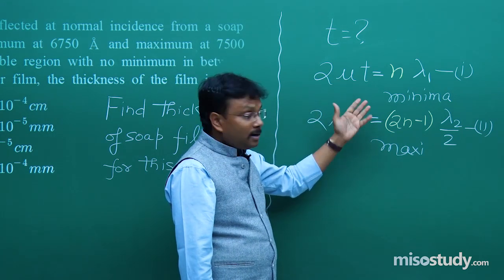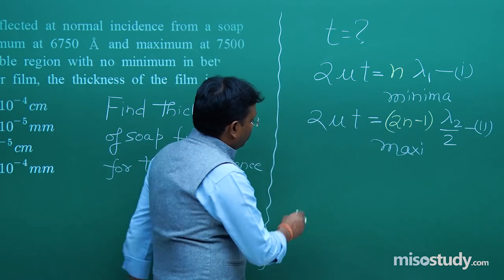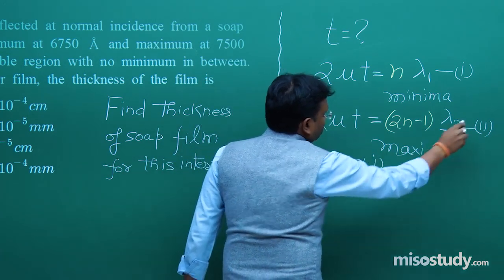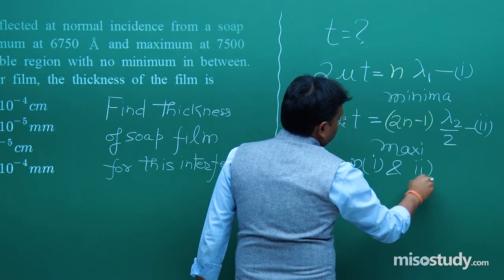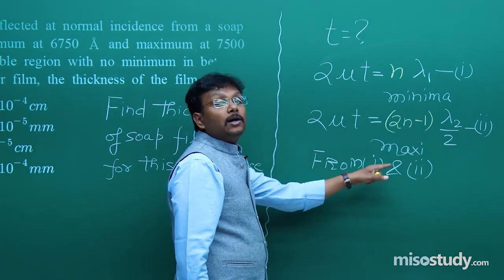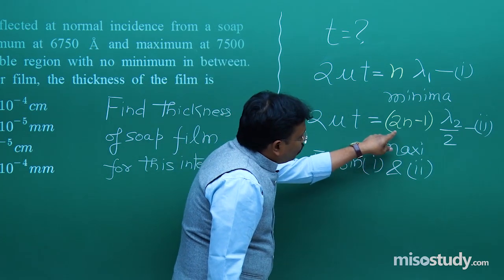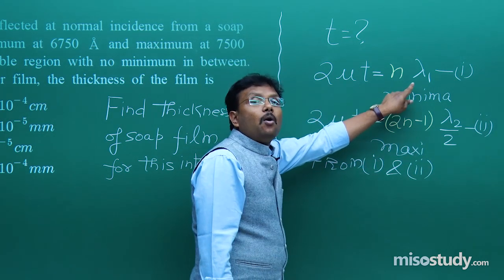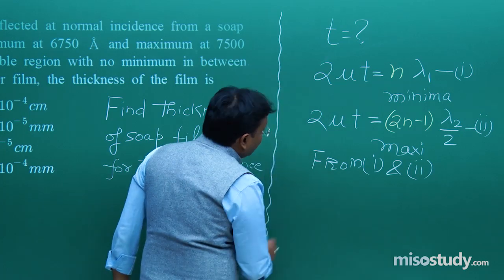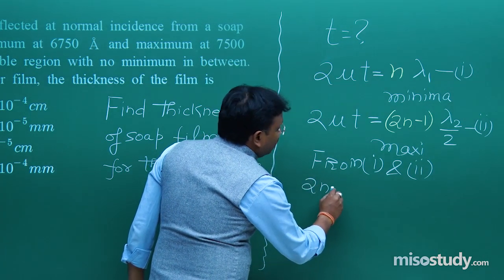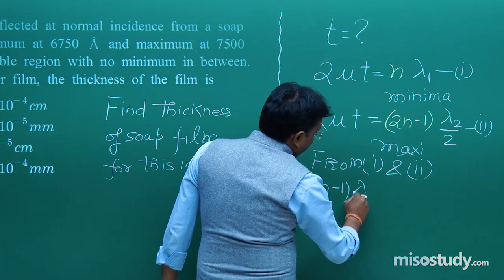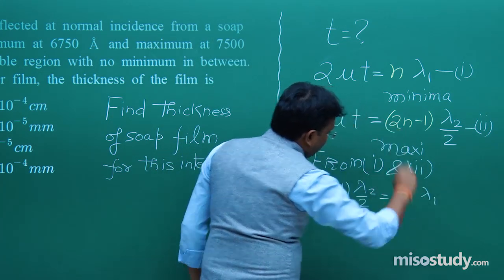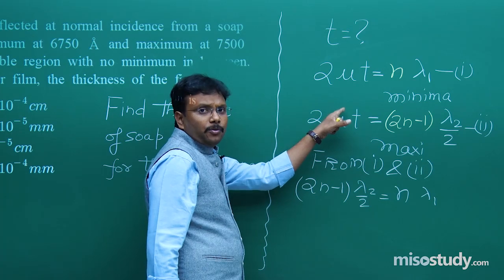They are equal. So from equations 1 and 2, we can write (2n minus 1) lambda 2 by 2 is equal to n lambda 1, because the left hand sides of both equations are equal.